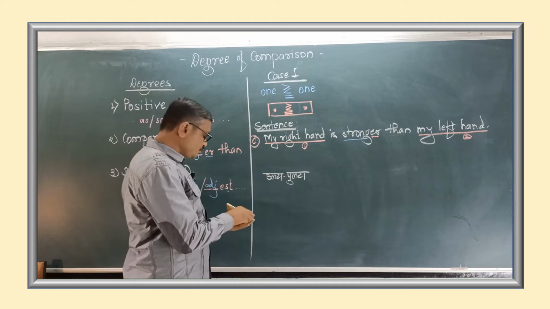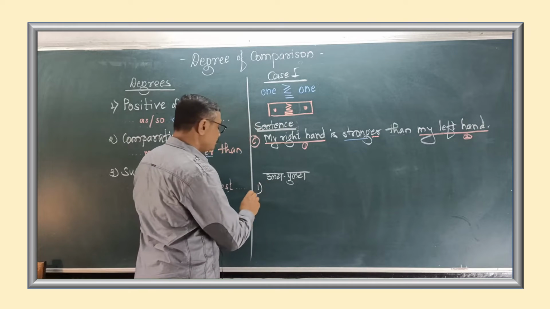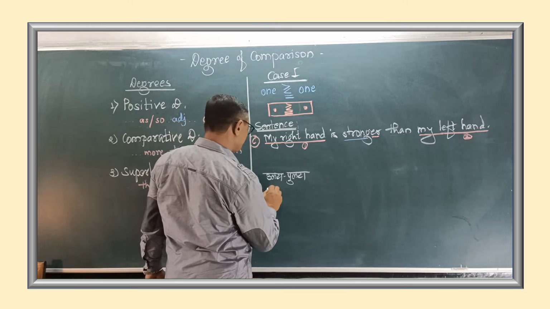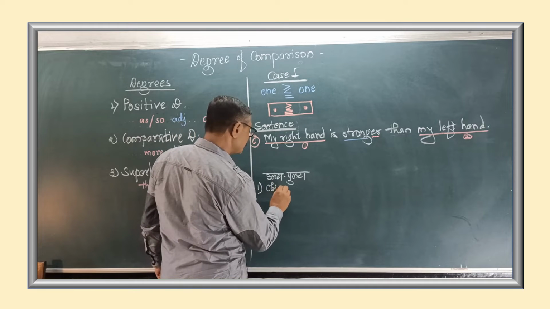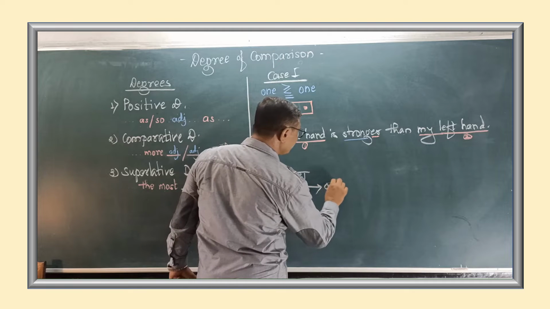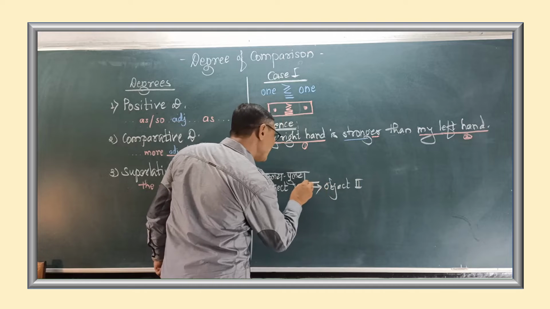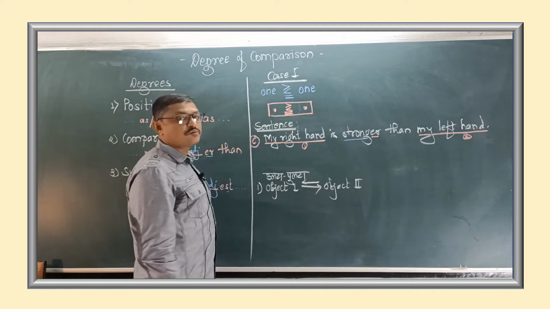Here, when you use the ulta pulta rule, you have to do these things. The first object, object 1, goes at the place of object 2 and object 2 comes at the place of object 1.